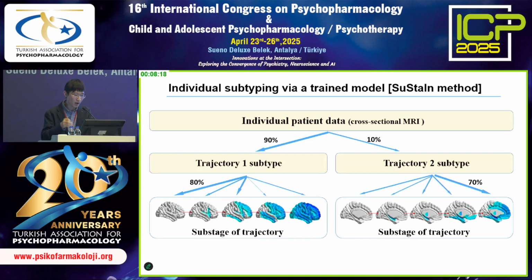The patient is first classified to which trajectory, and secondly, classified to which sub-stage of the trajectory. So it's a two-step subtyping. The first is subtyping to which trajectory. The second is subtyping into the sub-stage.